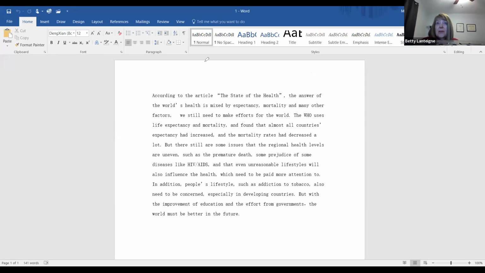I do see some syntactical issues, some morphology errors, and some to the point where it's a little confusing for the reader. Those are just my quick impressions there.